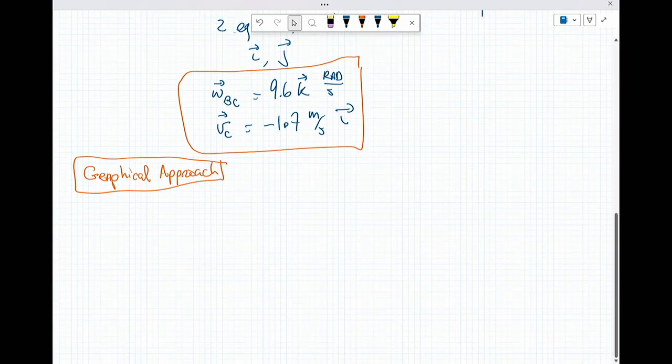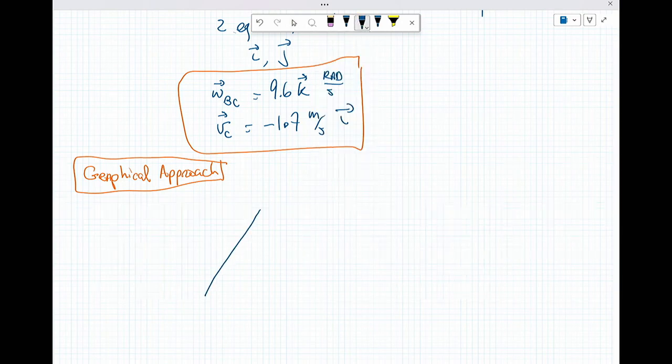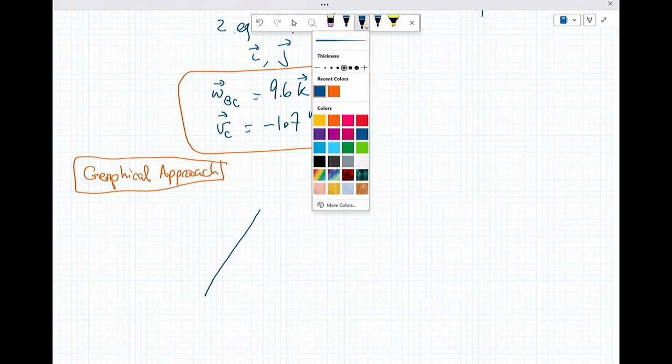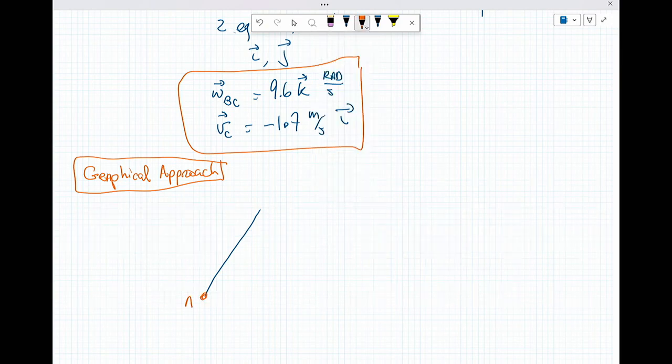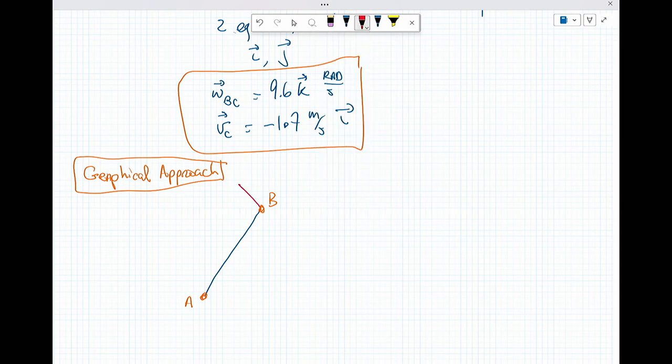But if you were to solve this same problem with a graphical approach, we can start with the same thing as we had before. We can take a look at A and B. When we look at A and B, recognize that we have fixed point rotation, and velocity of B has to be normal to the link AB.